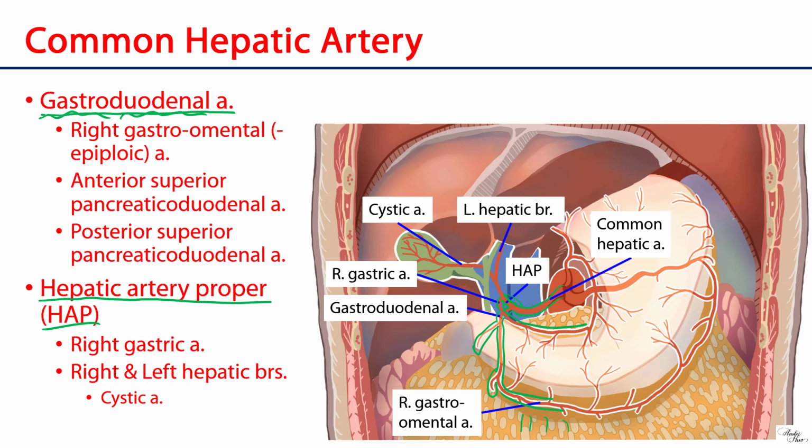In dissection, it's very common for this artery to become avulsed from the HAP. And then we have the continuance of the hepatic artery proper going up within the gastroduodenal ligament. So that gastroduodenal ligament is going to contain a number of items here.